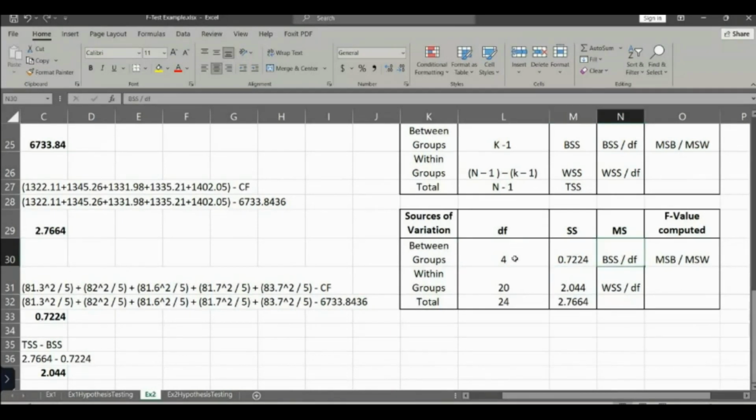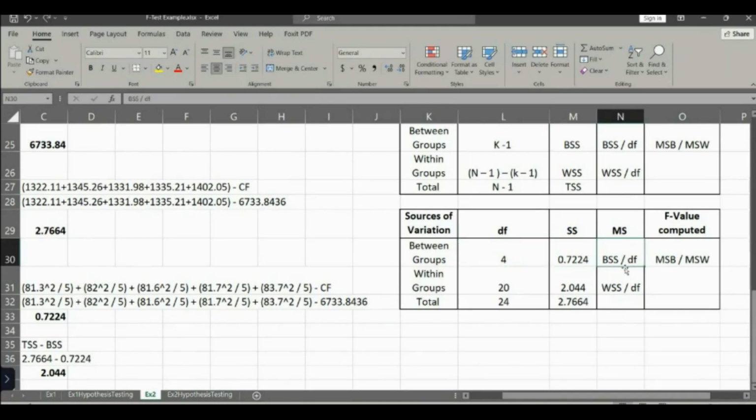Next, we have this column. We have the mean of the square. You just have to get the quotient between the BSS, the between sum of the squares, and the degree of freedom.